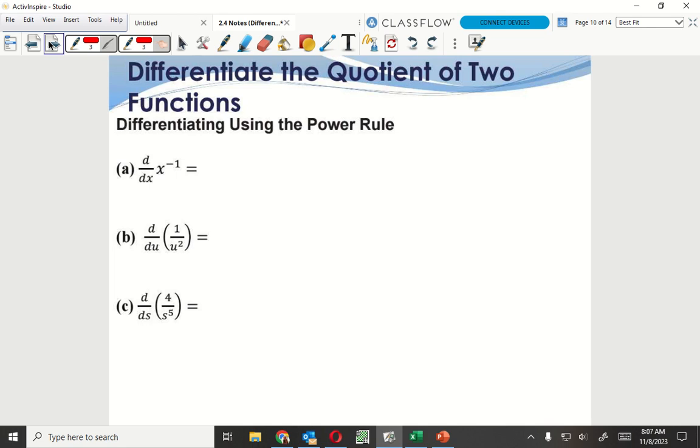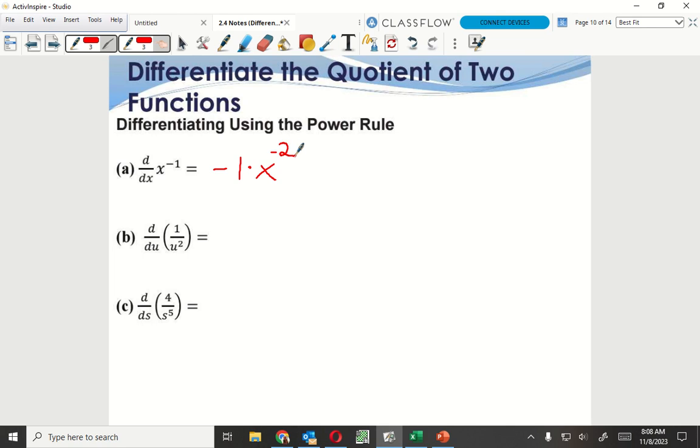I always multiply by the front, right? What's in the front? 1. So that's going to give me negative 1 times x. And what do I do to my power? Minus 1. Right now it's negative 1, so negative 2.